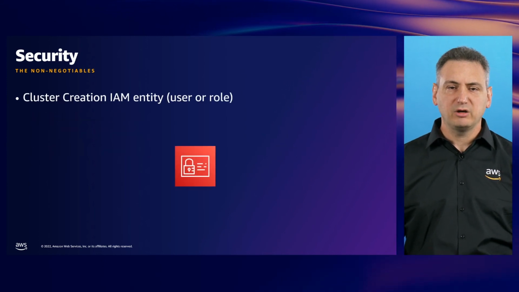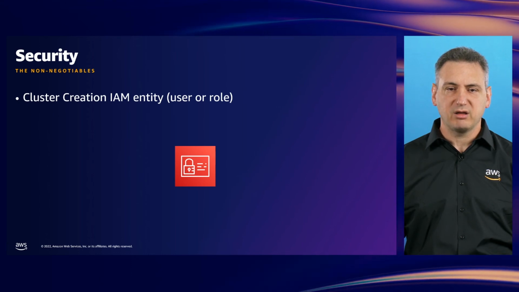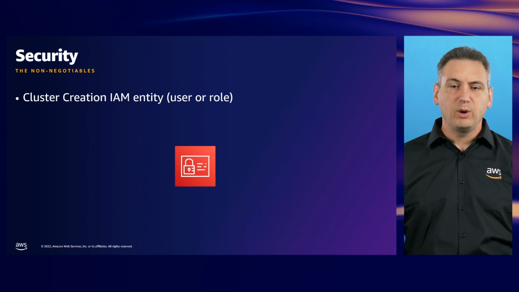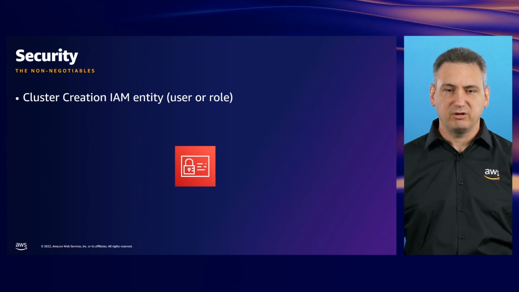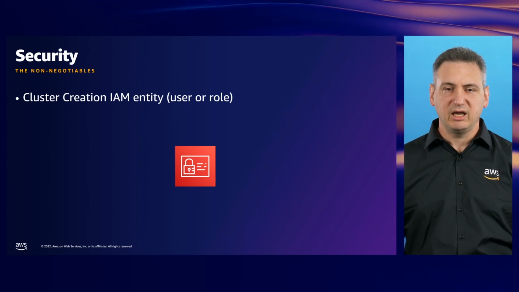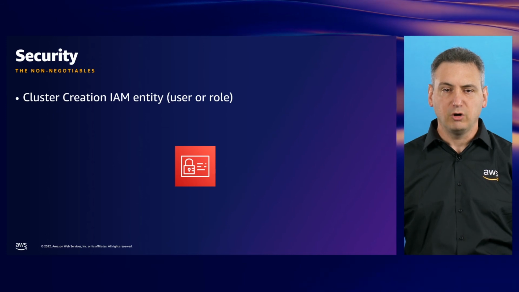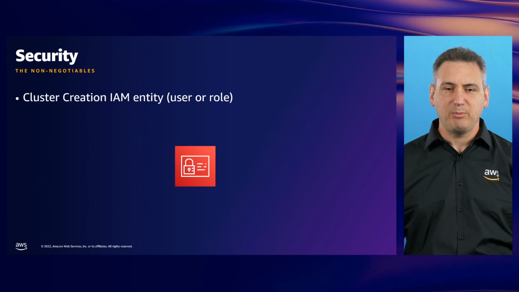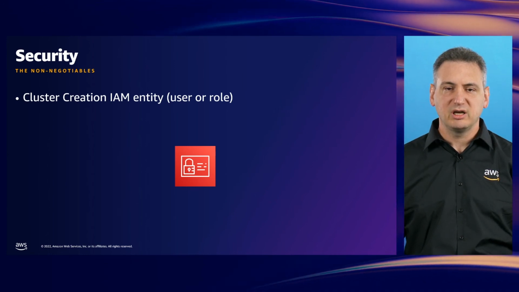Now, a big note for the teams to be aware of when designing how you bootstrap a new cluster. When an Amazon EKS cluster is created, the IAM entity, the user or role, that creates the cluster is added to the Kubernetes RBAC authentication table as the administrator.